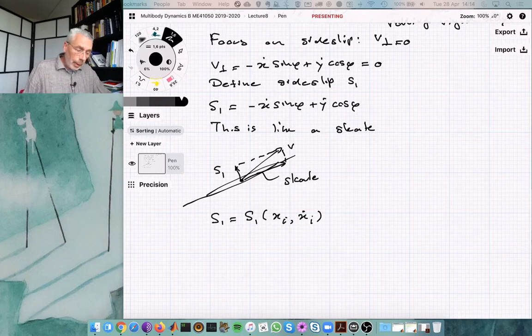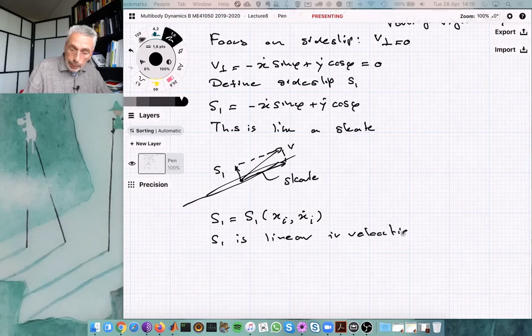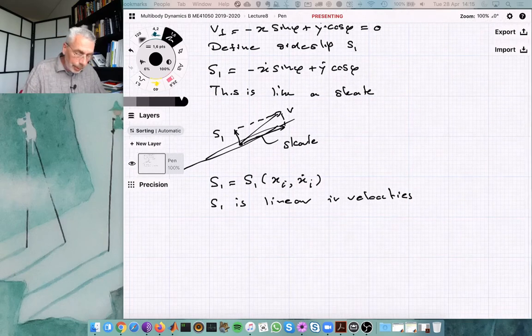But there's something special with that dependency on the velocities. It turns out that S1 is linear in the velocities. If you inspect that, it's not quadratic or some strange term with a sine or a cosine in x dot or y dot or phi dot. It's just linear in the velocity.